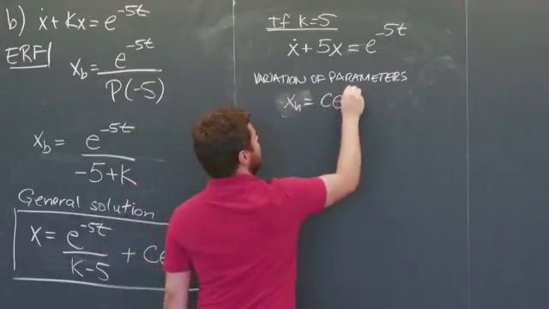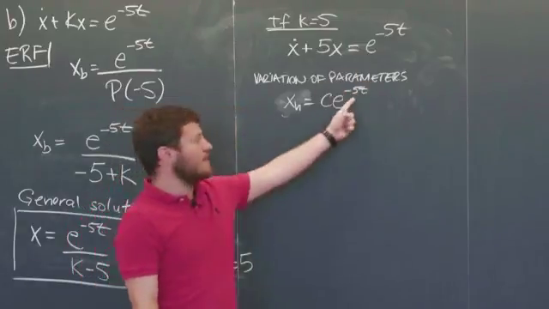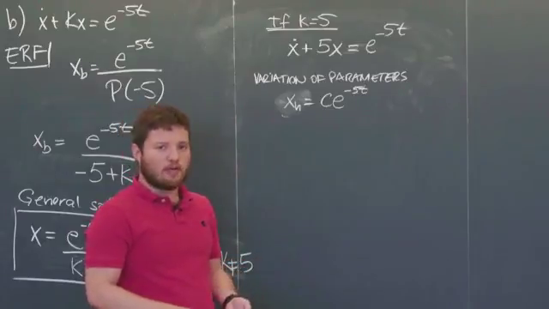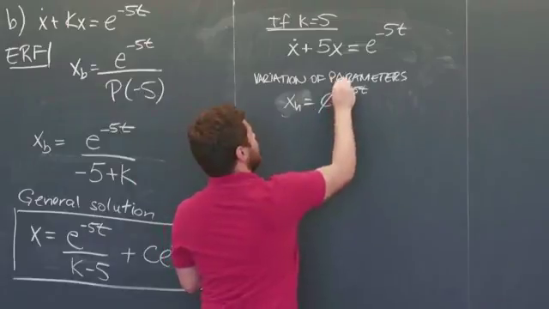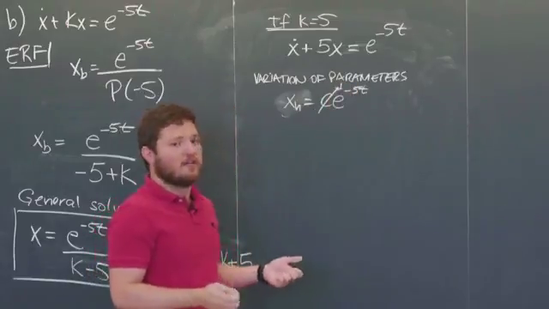We found that it was c times e to the minus 5t, because in this case, k is equal to 5. But for the method of variation of parameters, we only need one homogeneous solution. So we can take c to be 1, and that will make the algebra easier.